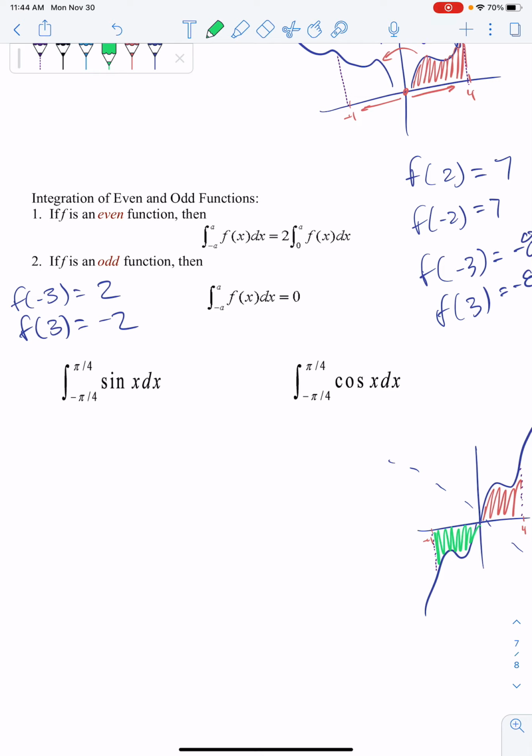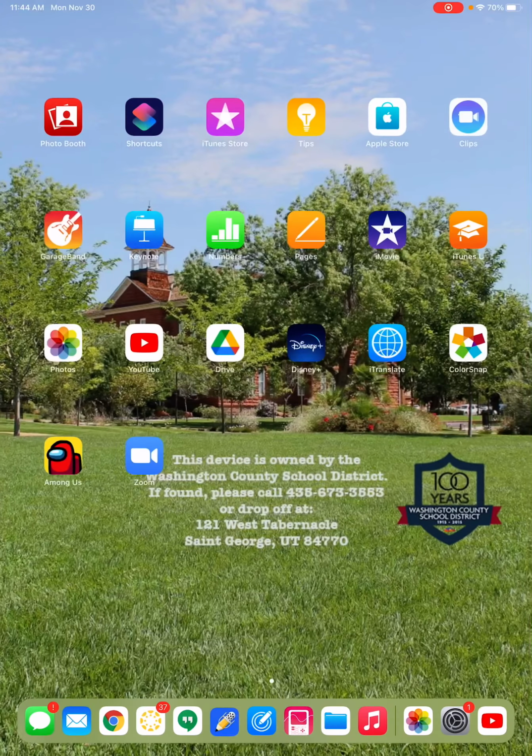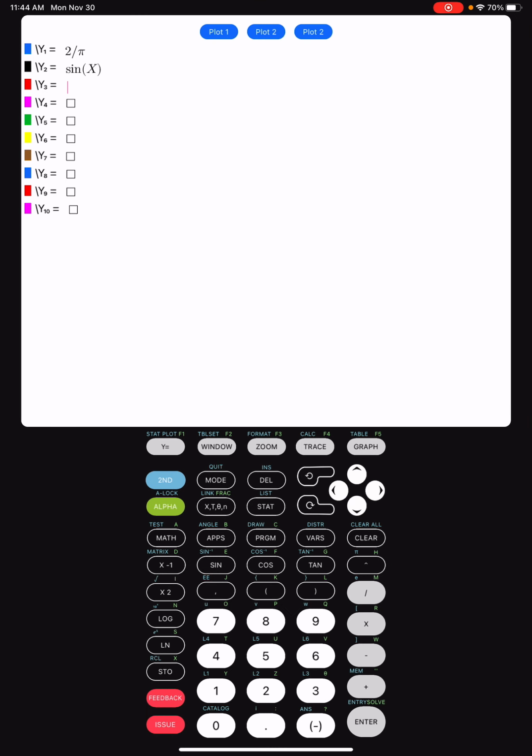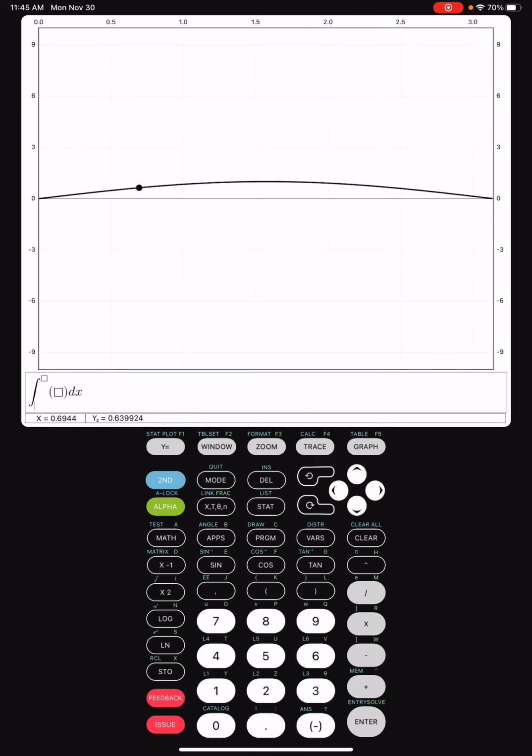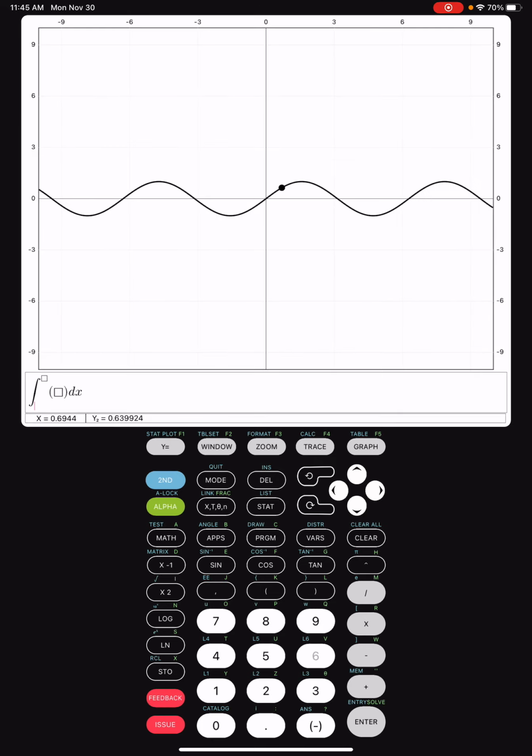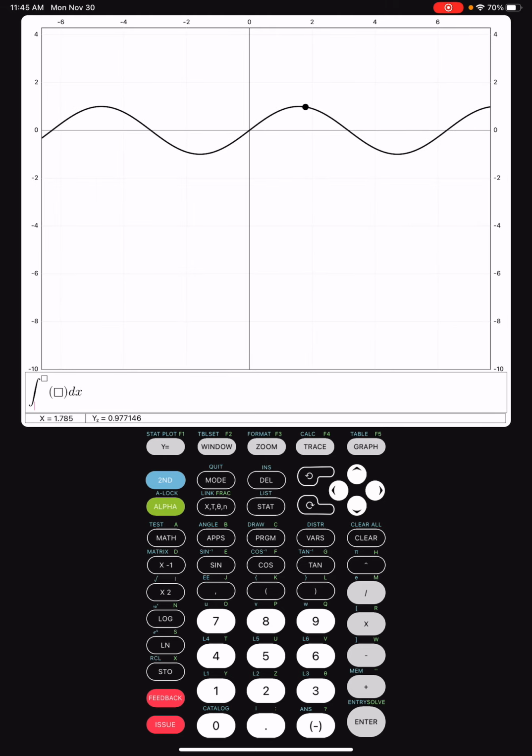The question is, is sine of x even or odd? And if you don't know what sine of x looks like, draw it. Go to y equals, oh look, we already have it drawn. Graph. That is an awful zoom. Let's zoom out. So what's happening on the right, if I'm at, well, that's a good number right there, that's like pi halves, right?